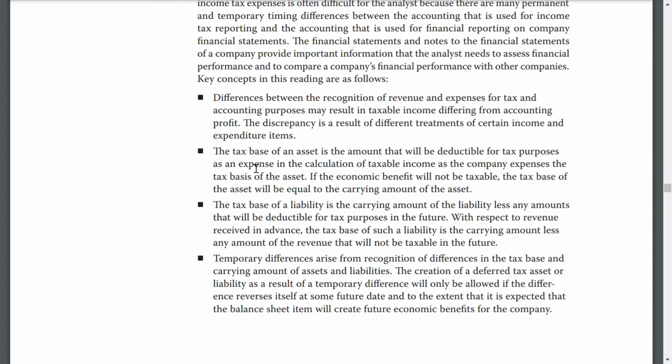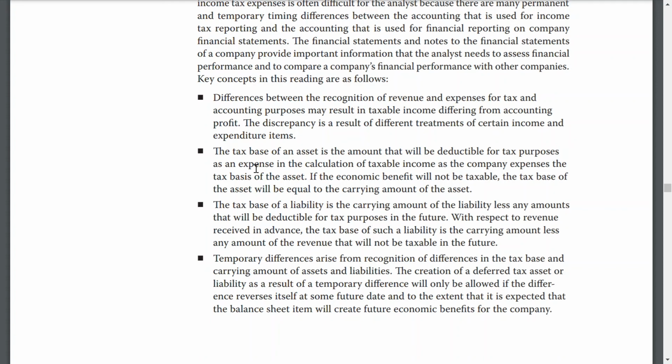The tax base of an asset is the amount that will be deductible for tax purposes as an expense against taxable income. If the economic benefits will not be taxable, the tax base of the asset will be equal to the carrying amount of the asset.